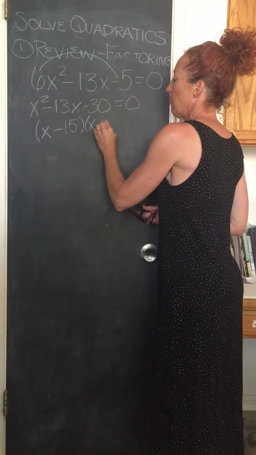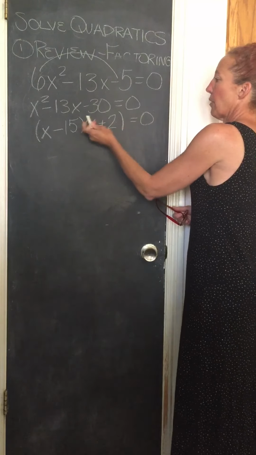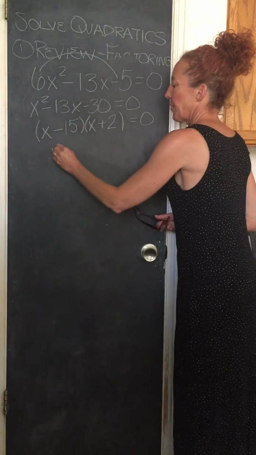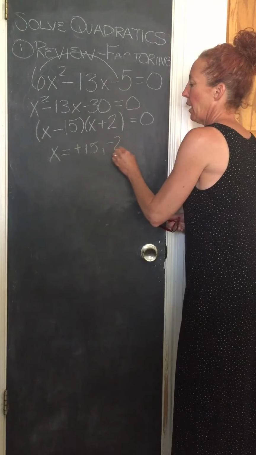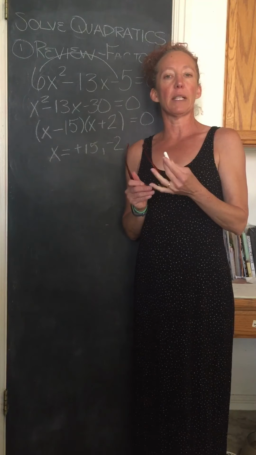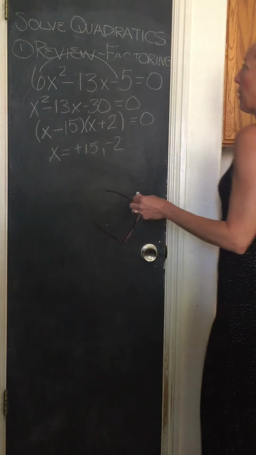And that way we know we have one positive factor, one negative factor, so that it multiplies to that negative 30. When I solve each factor, I'm going to get the answer positive 15 and negative 2. So that's just a short review of what is in section 5.7. We should be great at factoring by now, probably.